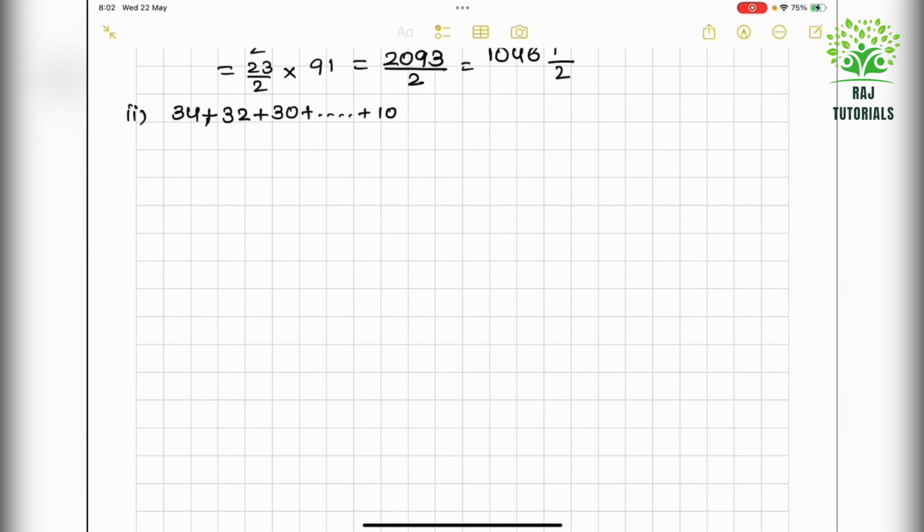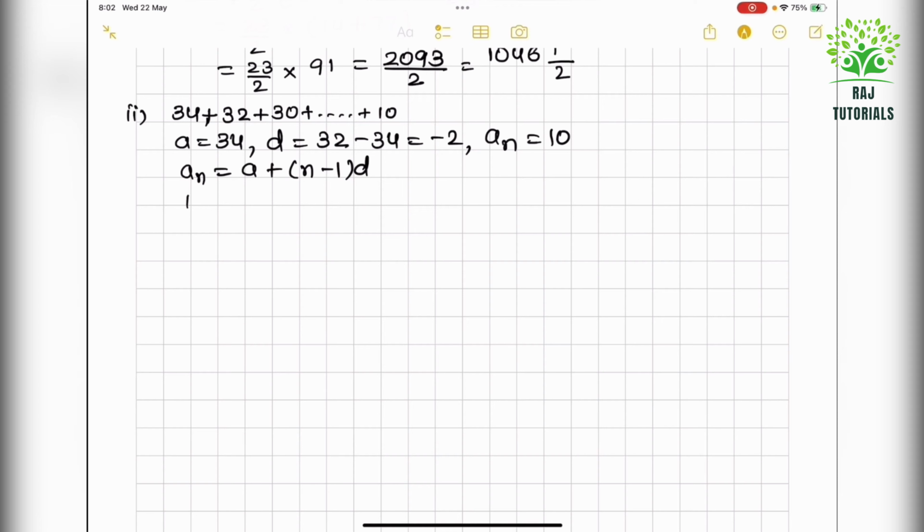Next is 34 plus 32 plus 30 plus dot dot dot till 10. So a equal to 34, d equal to 32 minus 34, that is minus 2, an equal to 10. So an equal to a plus n minus 1 d.